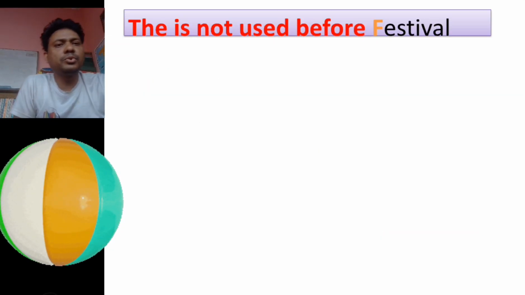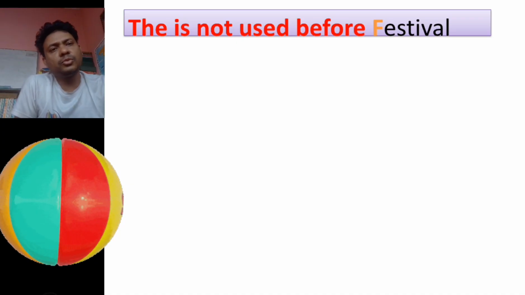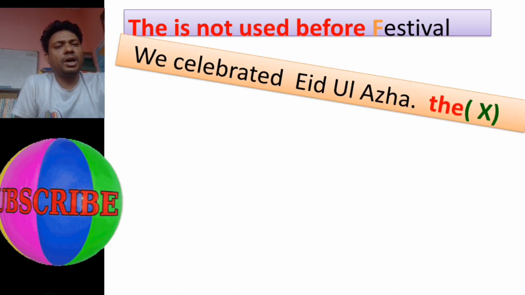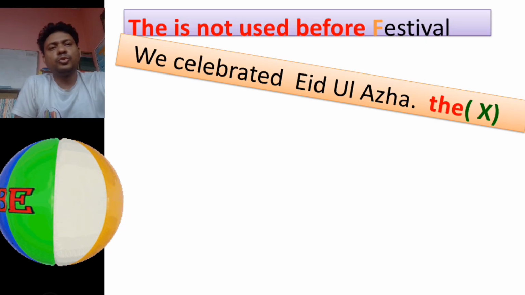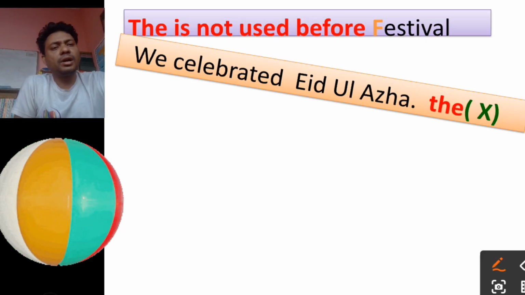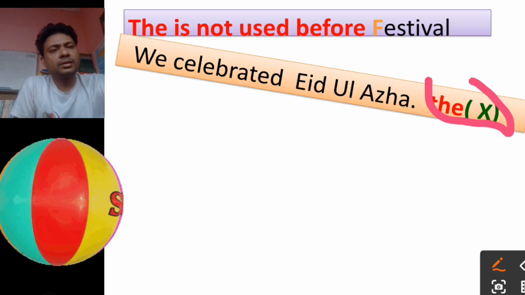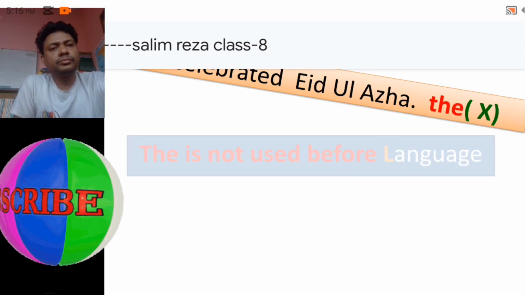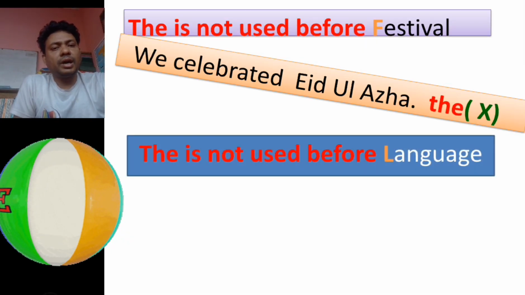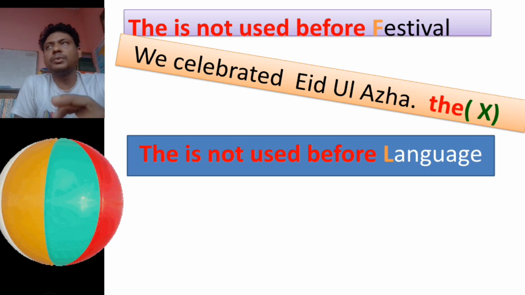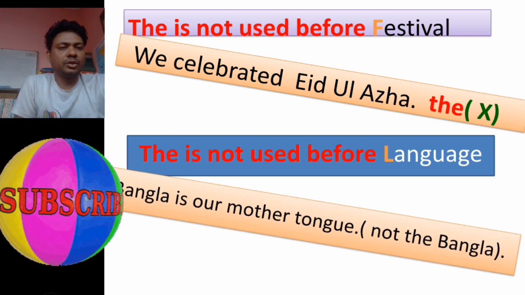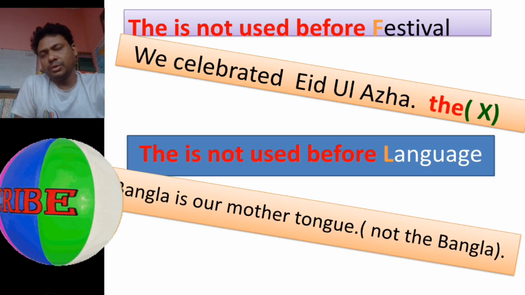This is not used before festival. Festival বোঝালে the বসবে না. We celebrate Eid-ul-Adha. The এখানে বসবে না. The is not used before language. Language করলে the বসে না. As Bangla is our mother tongue, not the Bangla. Only you use here Bangla.